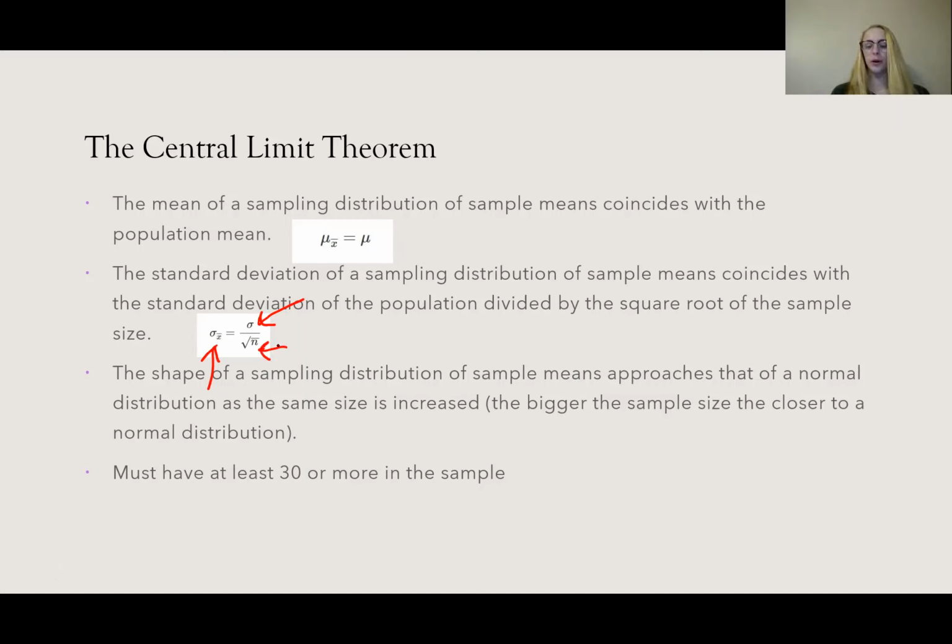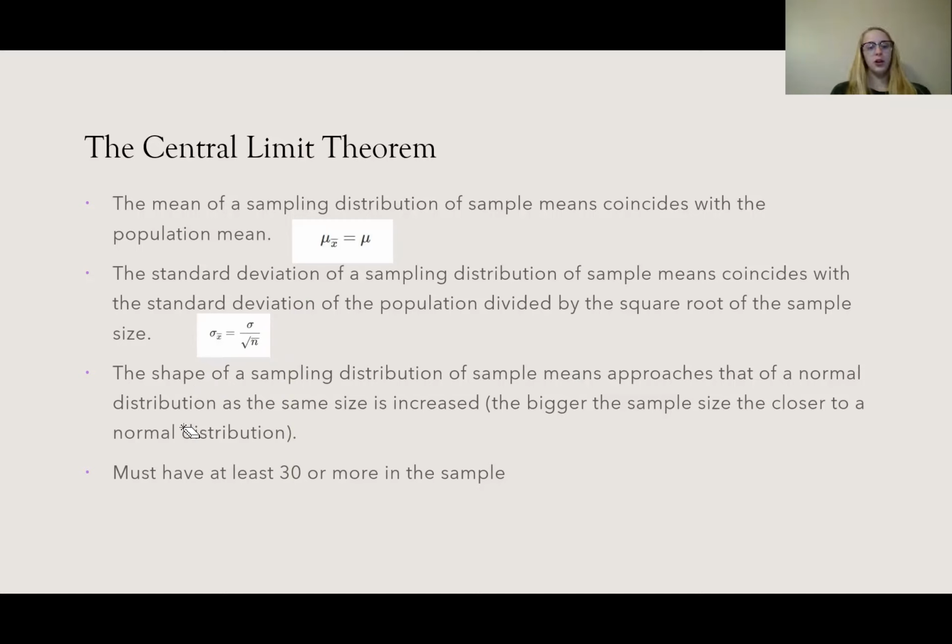So the total number of people that you're sampling is equal to your n. Your standard deviation for the population will be given to you in the problem, and these criteria should make a little bit more sense whenever we actually dive into the problems. I know sometimes it's hard to understand it without looking at it from a math point of view, because right now it's just words on a page, but we will get there in a second.